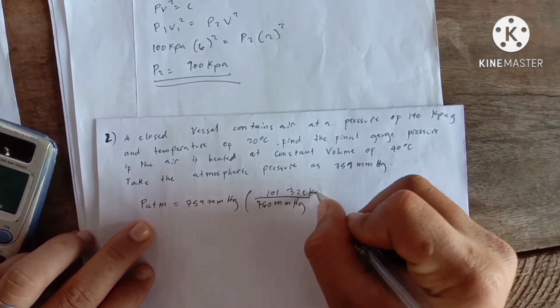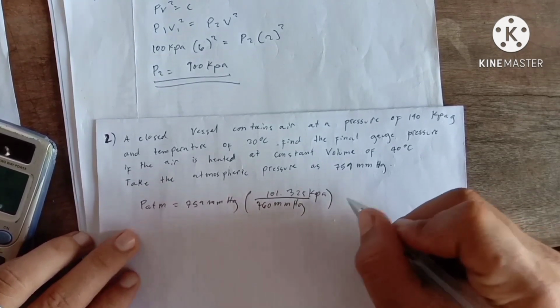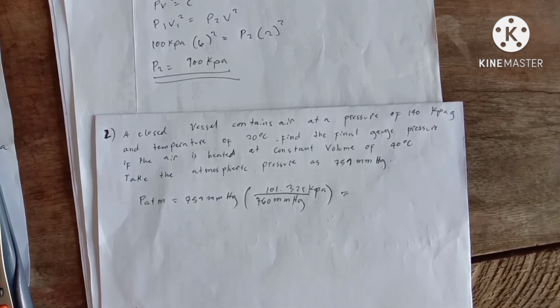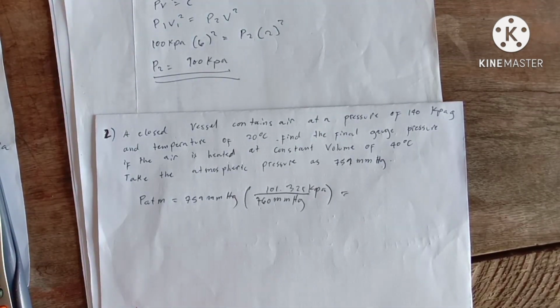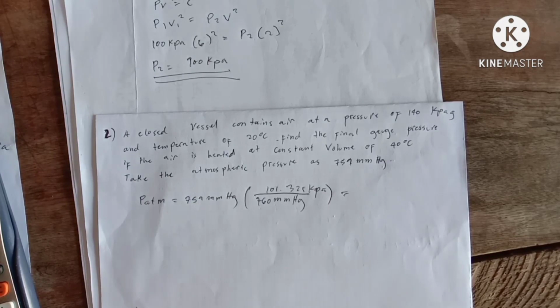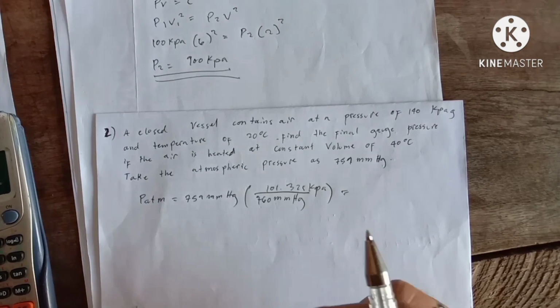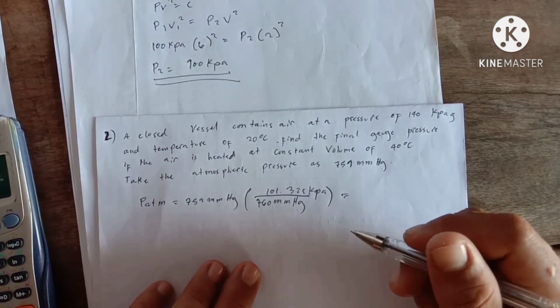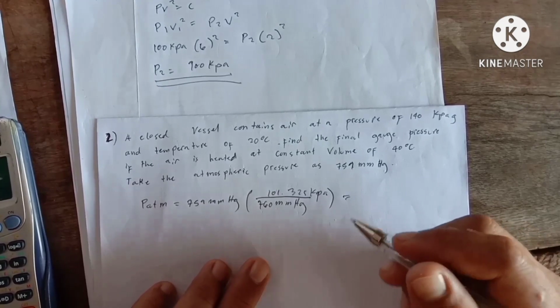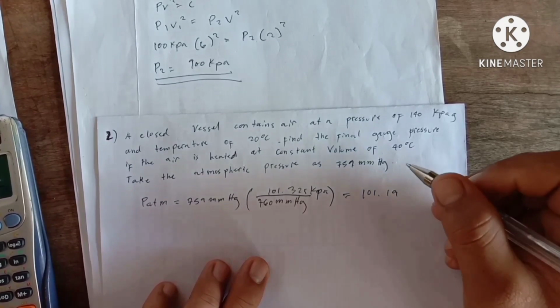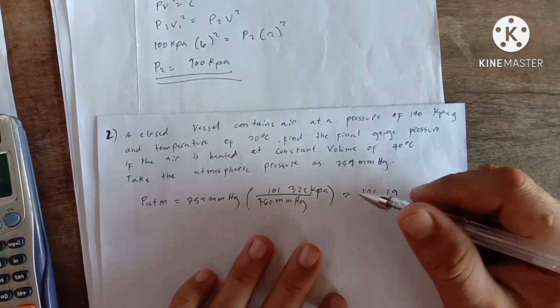So the value of atmospheric pressure equals 759 times 101.325 over 760. The answer is 101.19 kPa.